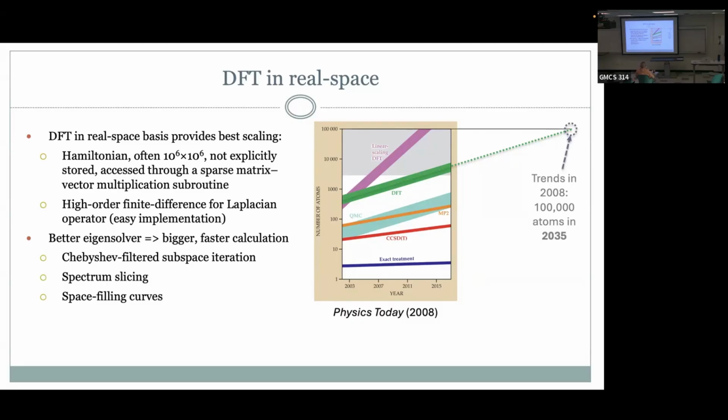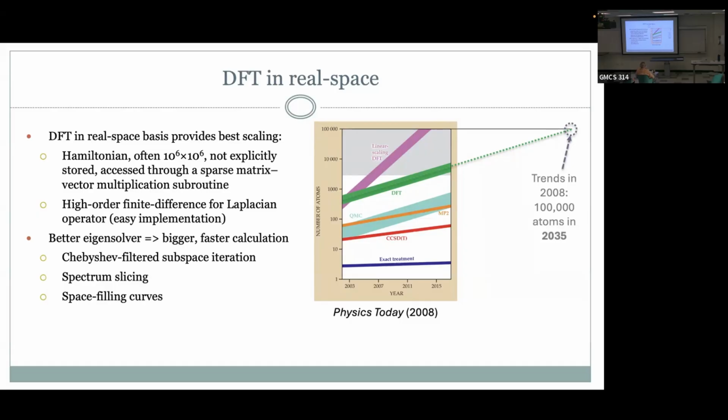So the number of atoms that you can probe in this way is not even 10, right? And then there are various other methods. And if you look at DFT and just extrapolate to where it hits 100,000 atoms, you expect that around 2035.